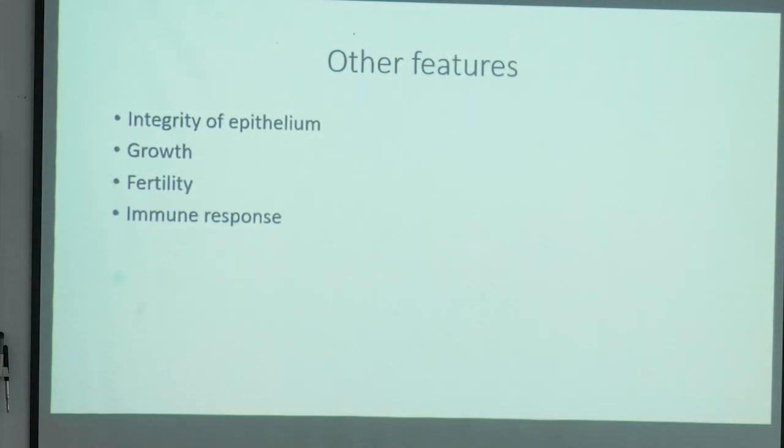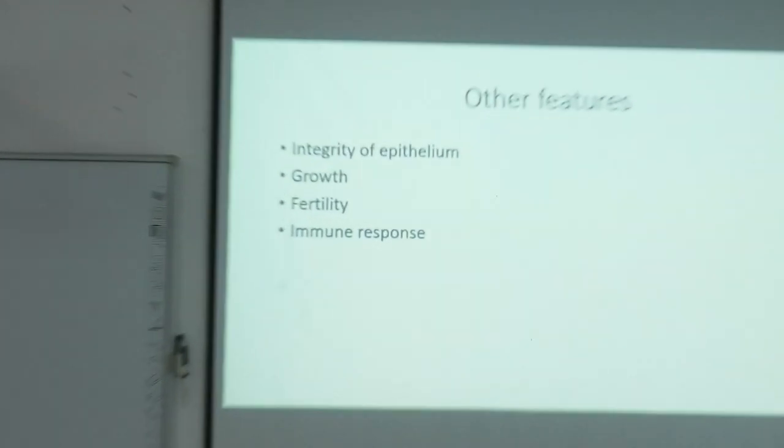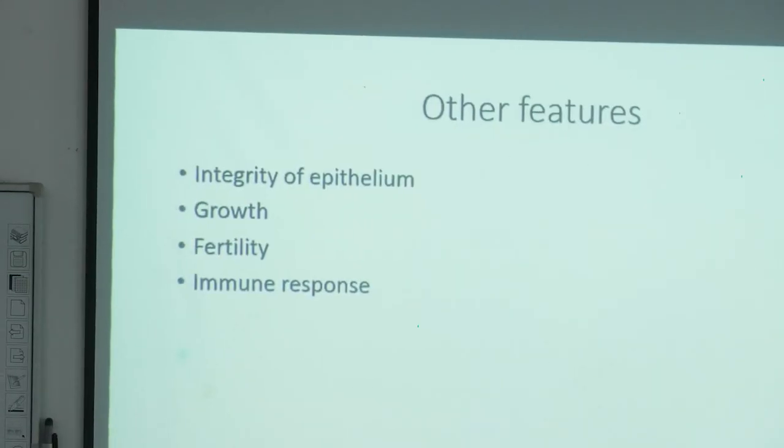So why this xerosis? Epithelial integrity is not maintained in vitamin A deficiency. Actually, vitamin A helps in maintaining the integrity of the epithelial cells, which are adherent to each other. Why?